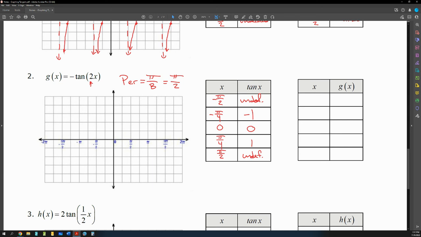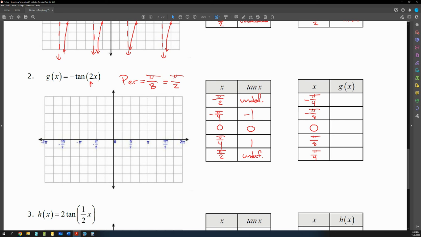Okay, now remember, this is centered around the origin, so that tells me that all of my x values are going to be divided by 2. So our negative pi halves is going to be negative pi fourths. My negative pi fourths is going to become negative pi eighths. My 0 stays 0. My pi fourths becomes pi eighths, and my pi halves becomes pi fourths. We're dividing all of these inputs by 2. Okay?